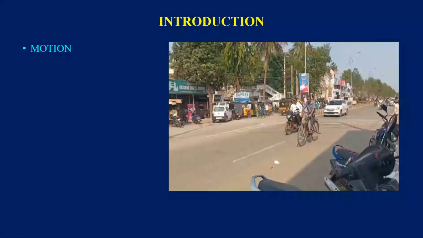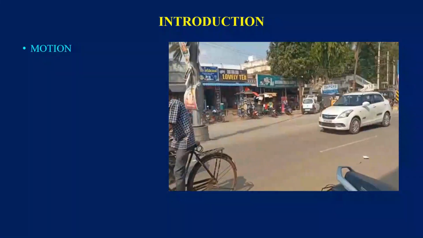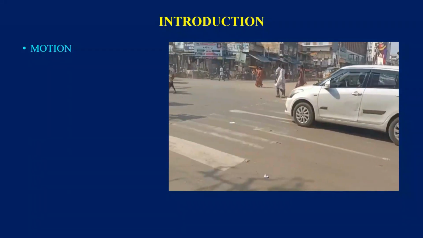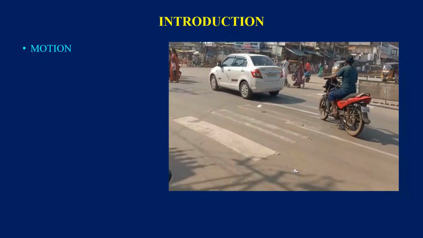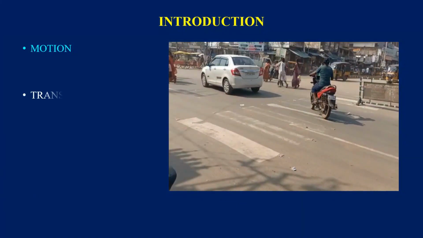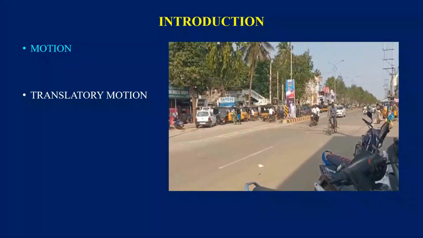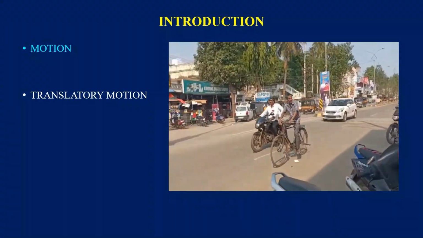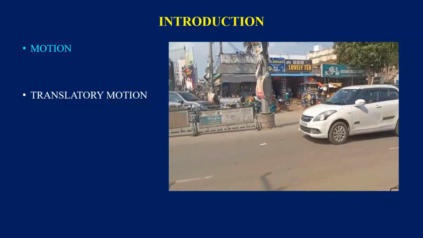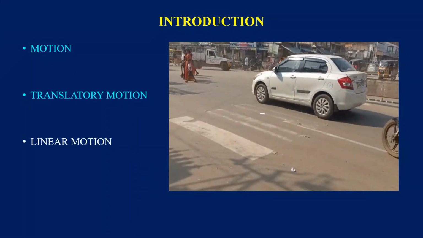Observe here, one bike, one bicycle and a car are moving from one place to another place. This motion is called translatory motion, and if the motion of all these vehicles are in straight line path, then the motion is called linear motion.